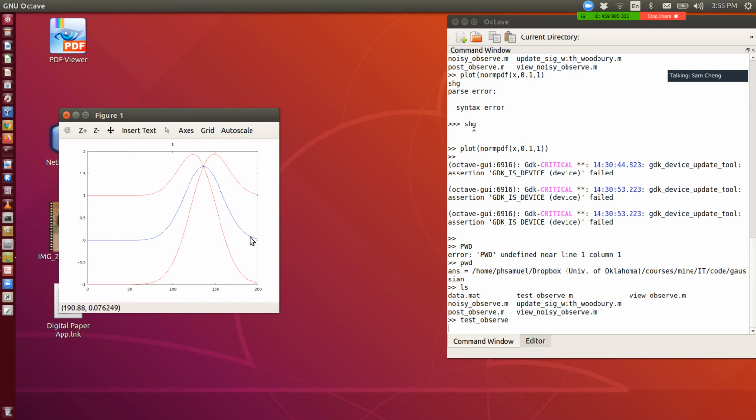The mean is 0 and the variance is 0 at the observation. The white curve shows mean plus sigma: the upper one is mu plus sigma, and the lower boundary is mean minus sigma.